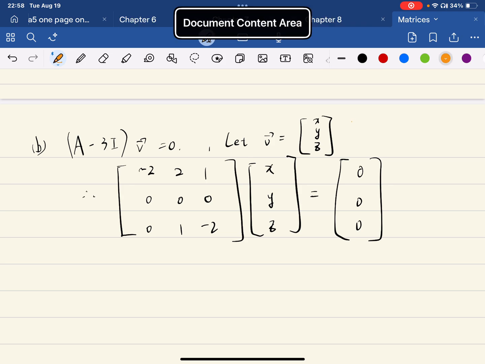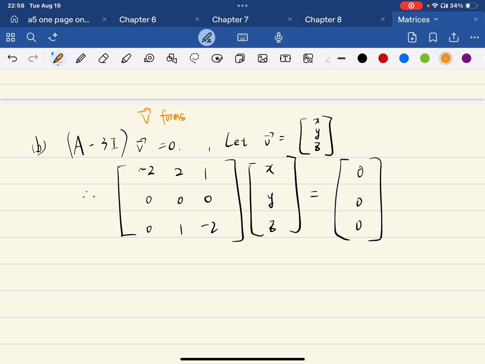So what v forms the null space or kernel, whatever you like, of A minus lambda I. It is a solution.